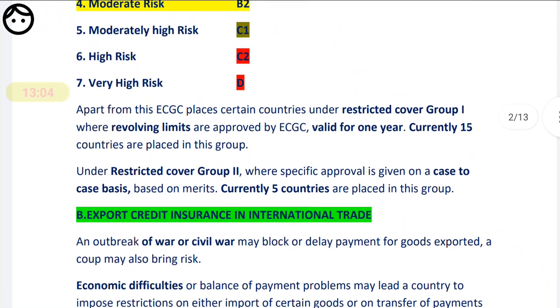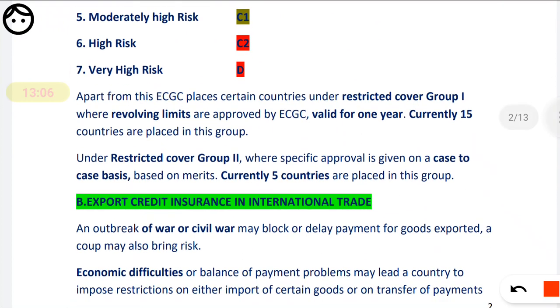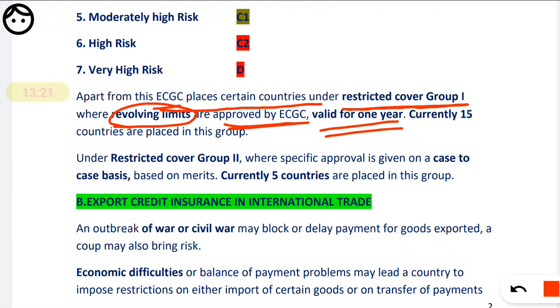Now apart from that, one important thing you have to remember: ECGC places certain countries under the restricted cover group 1, where the revolving limits are approved by ECGC and are valid for 1 year. Currently 15 countries are placed in this group.